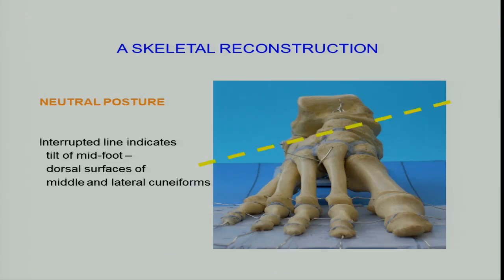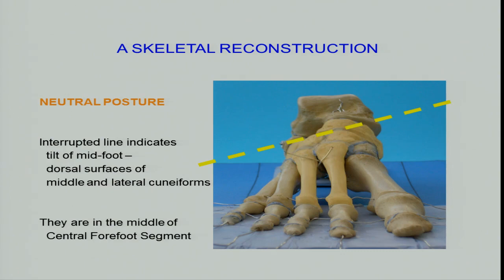And that's the tilt of the midfoot, because I've drawn it across the dorsal surfaces of the middle and lateral cuneiforms. And this is supposedly a neutral posture. There is the central forefoot segment: second and third metatarsals, middle and lateral cuneiforms, cuboid, navicular.